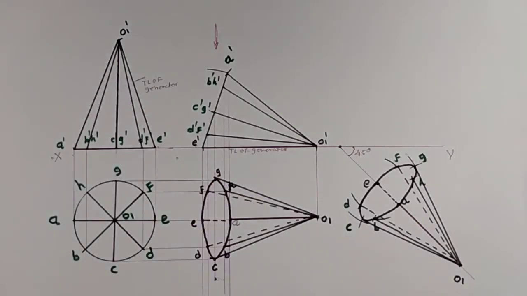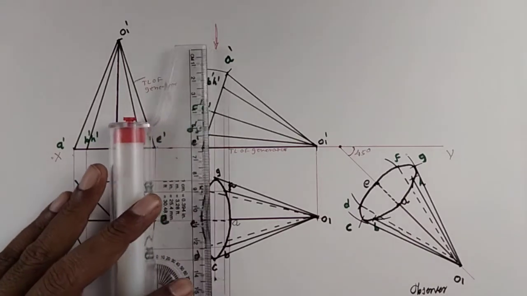So we arrange the question of stage number 3. The apex nearer to observer, and the base away from observer. So what is your top view? For our answer, what we do?